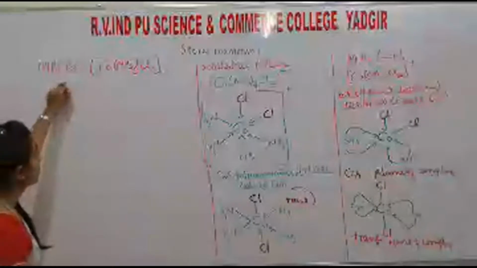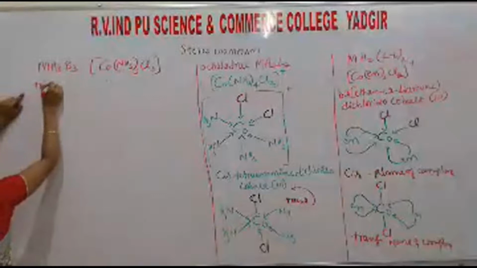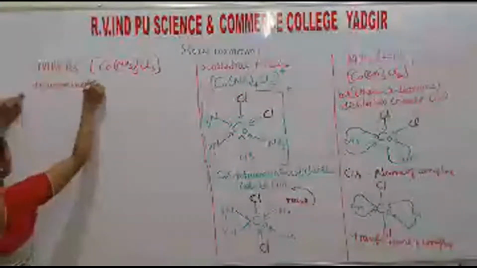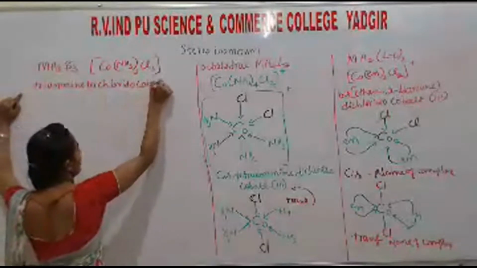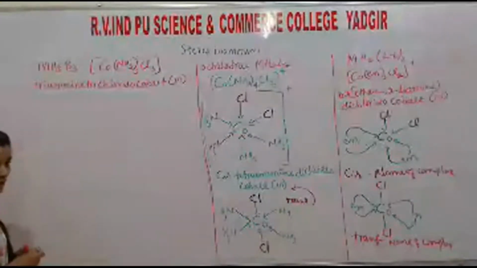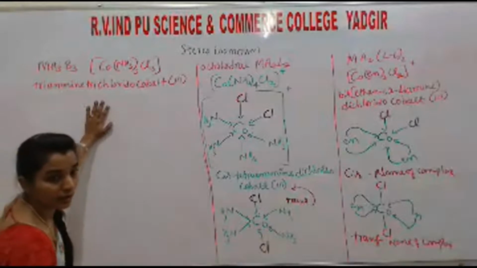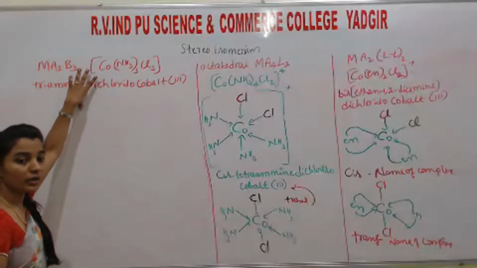The name is triamine trichlorido cobalt 3 complex. Okay, students, if this type of complexes are there, then they are considered as facial and meridional isomers.